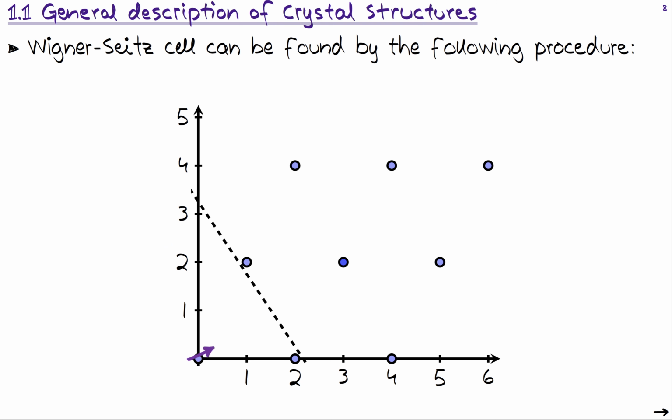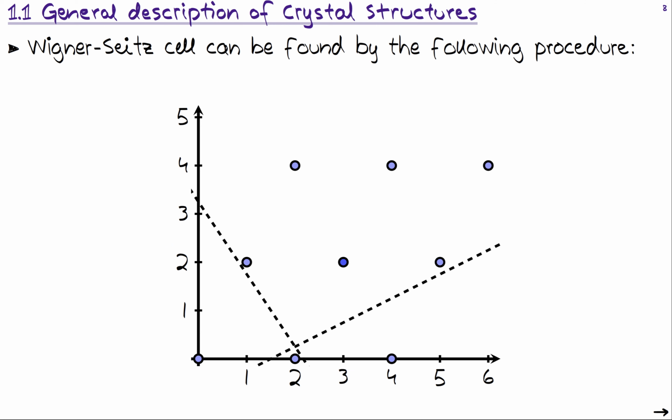So when I draw a line, I can then define a plane that is normal to this line, and then I can draw that into my lattice. And then I will take another lattice point nearby my point of interest. This time it's this one. I draw a line, and I draw a plane that is intersecting this line exactly midway between these two lattice points.